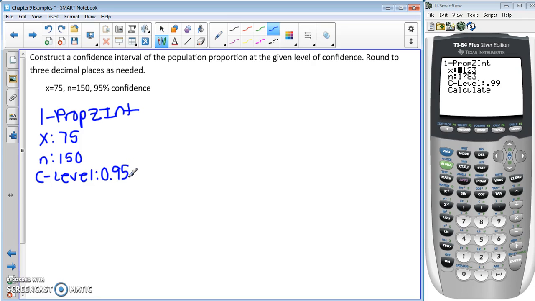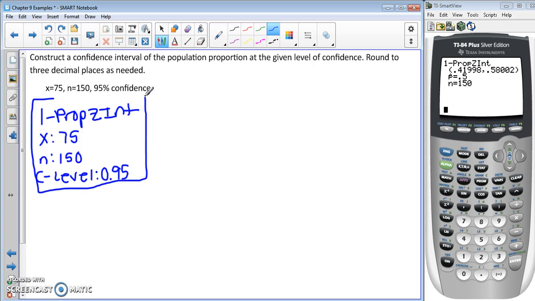So I'm going to type those in. 75, and go down. 150, press the down arrow, and then 0.95, and then we go down to calculate, press enter, and then we come up with some values here. So this is our input in the calculator, and this is what we get out.